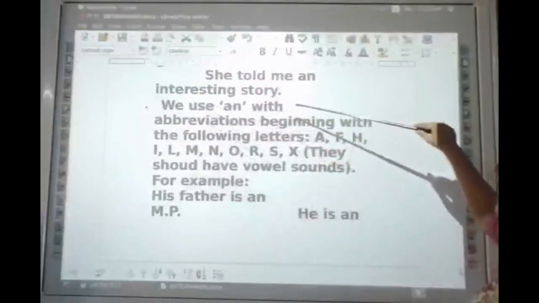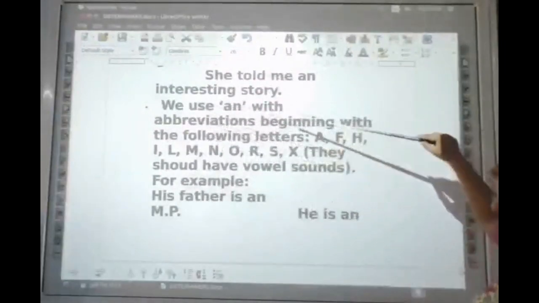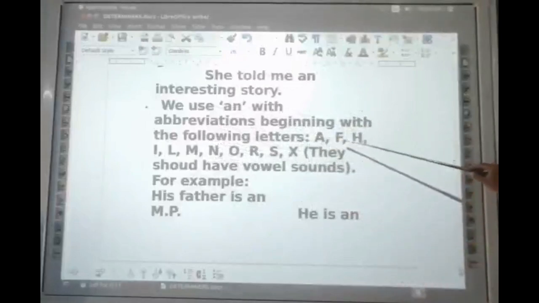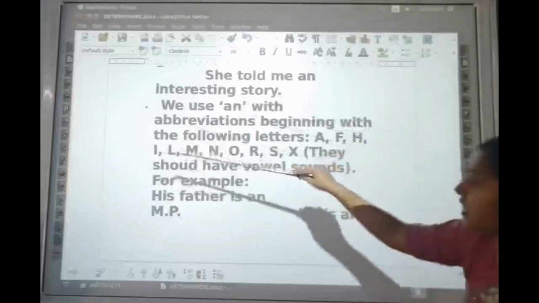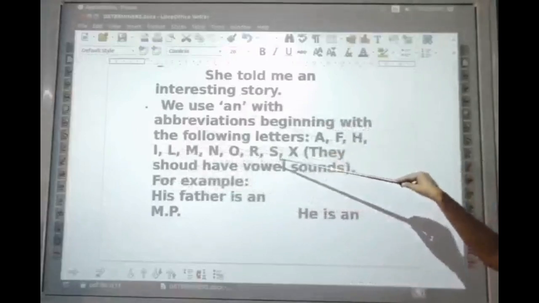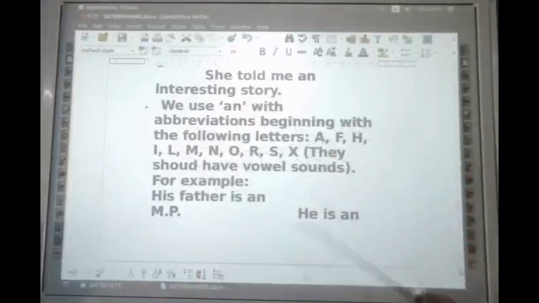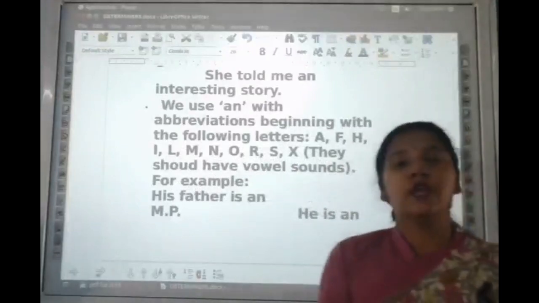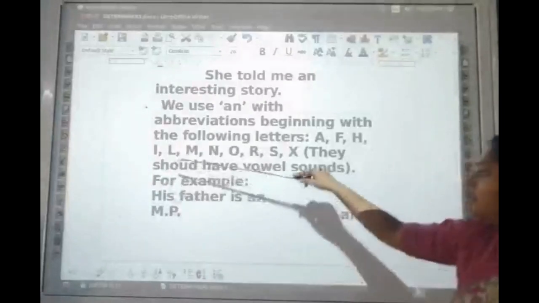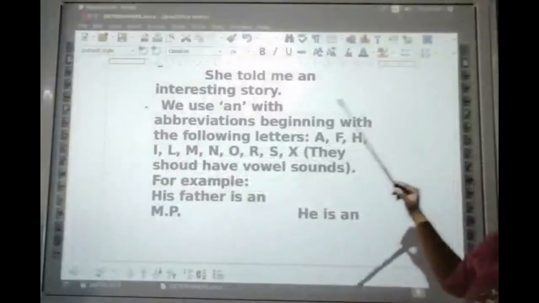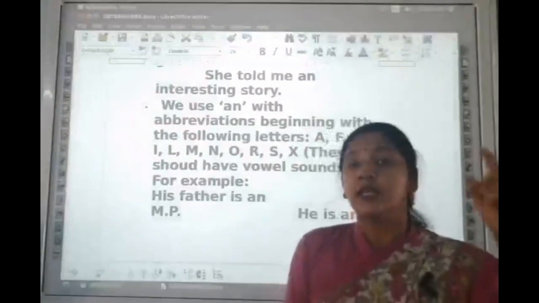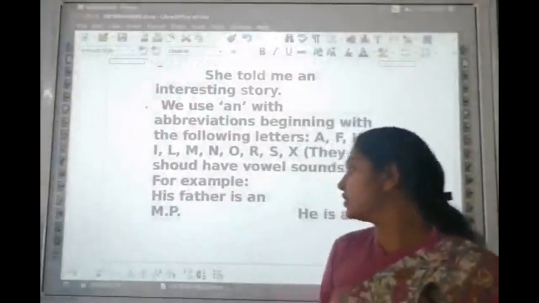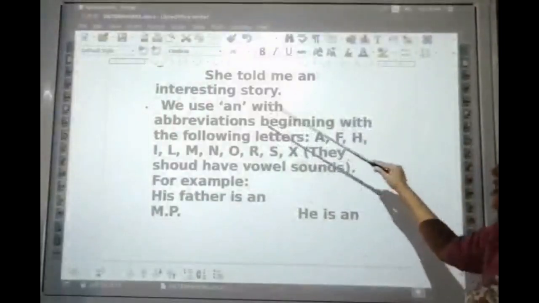We use AN with abbreviations beginning with the following letters: A, F, M, I, L, M, N, O, R, S, X. If any abbreviation starts with any one of these alphabets, remember, with the sound of vowels, we have to use AN before them.